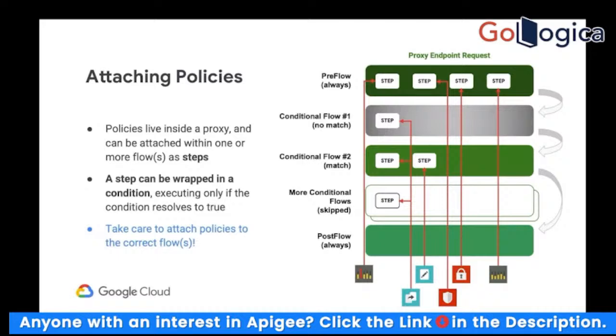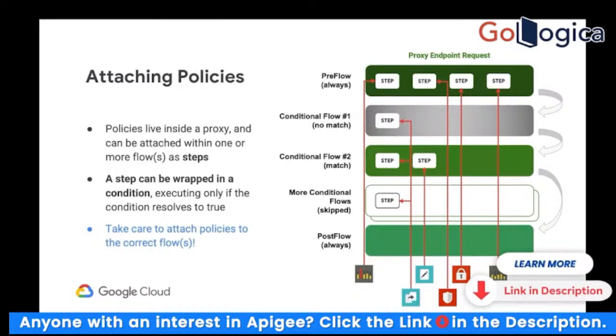Then we can attach policies. Most of the time, security policies are the more common ones to apply, so we attach those security policies in the pre-flow. Then for extracting the request or response payload or anything like that, we put those in a custom conditional flow, where it can extract the request and response fields or do the validation.